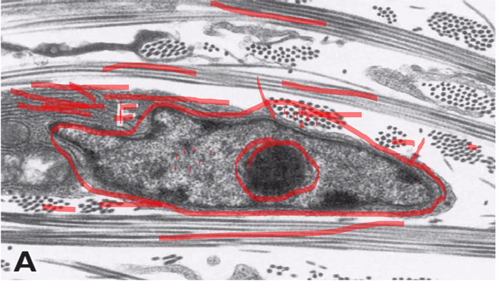The cell's secretory and synthetic profile is reflected by the presence of organelles like rough endoplasmic reticulum.